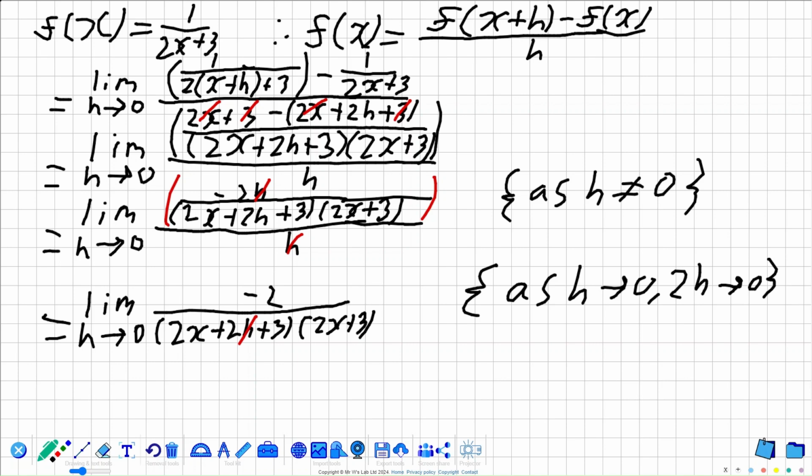And what we can notice is that in this bracket, now that we've cancelled the h, we've got 2x plus 3, and we've got 2x plus 3 there, and so we can now just give our final answer as negative 2 over 2x plus 3 squared, and then that's our final answer.